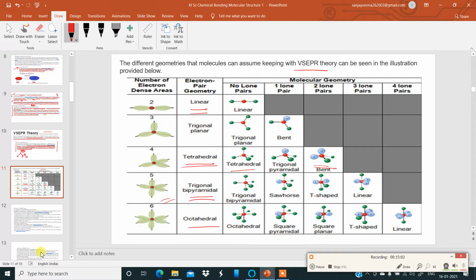For 6 it is octahedral. So remember, whenever the number of electron dense areas is 2, the shape of the molecule is linear. For 3 it becomes trigonal planar, 4 tetrahedral, 5 trigonal bipyramidal, and 6 octahedral. This is what you must remember under this heading.